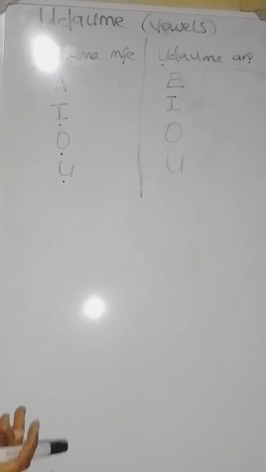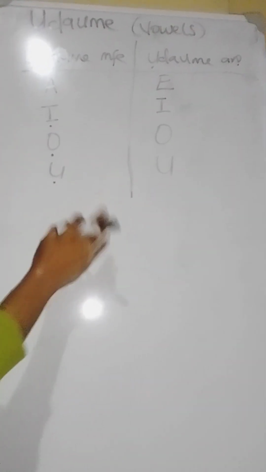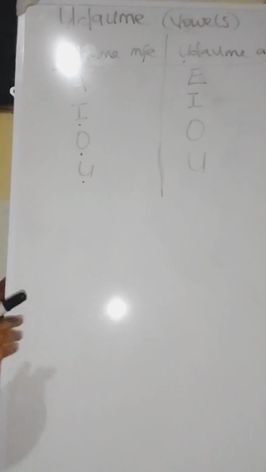Do you understand? So these are the divisions of the Odaume Igbo. Remember, I told you that Odaume are those letters that when you produce them, there is free movement of air, no obstruction of air at the vocal tract.